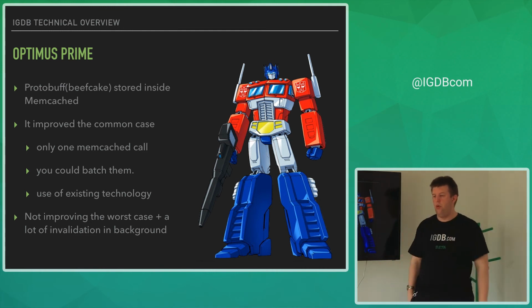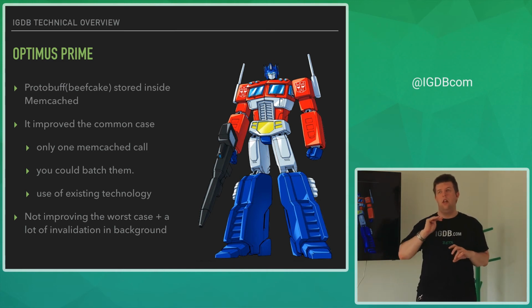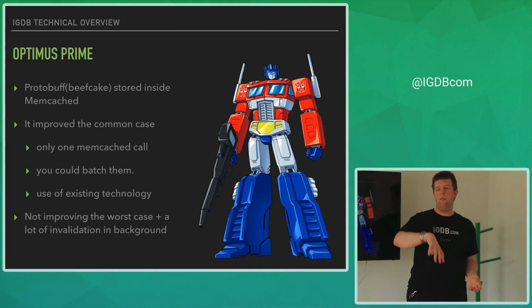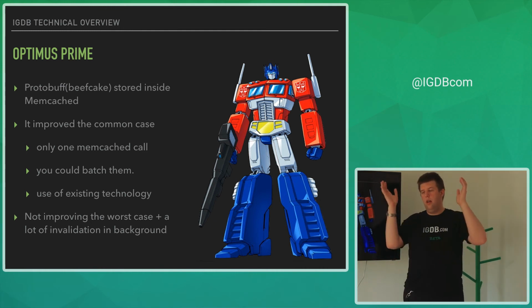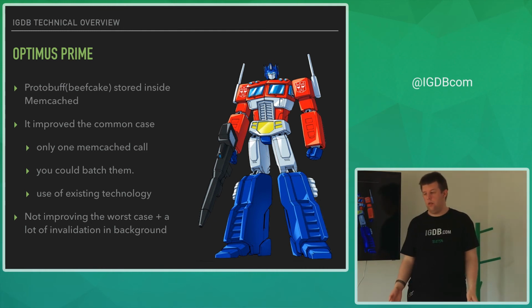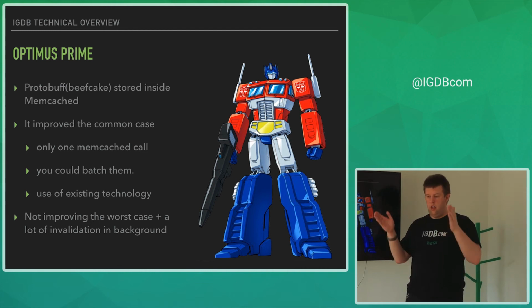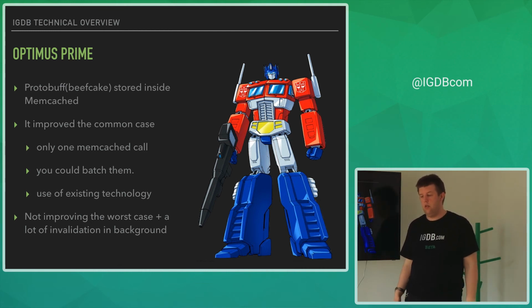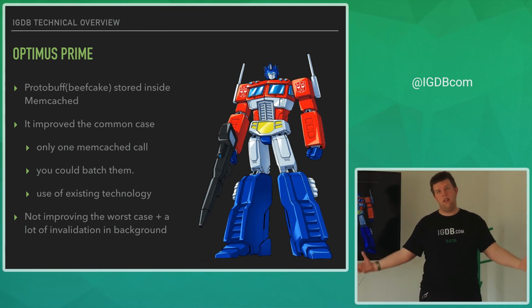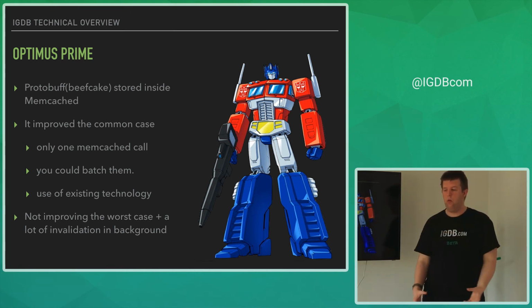And that improved the common case a lot, because to get a full game page we only needed one memcached call, and we could also batch them together to form new lists of games and so on. Also, we used existing technologies so we don't bloat our application.